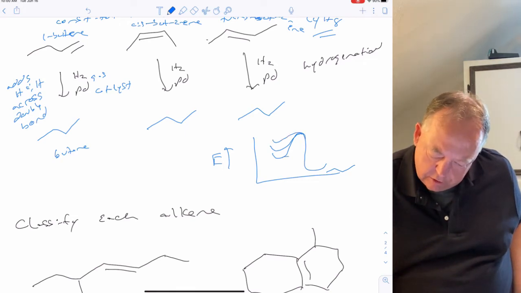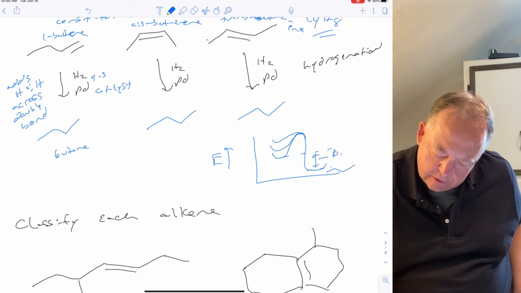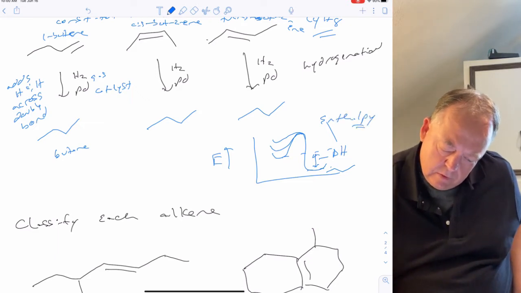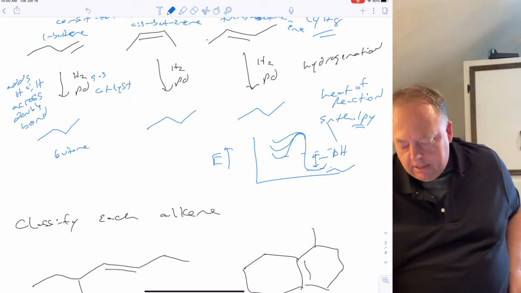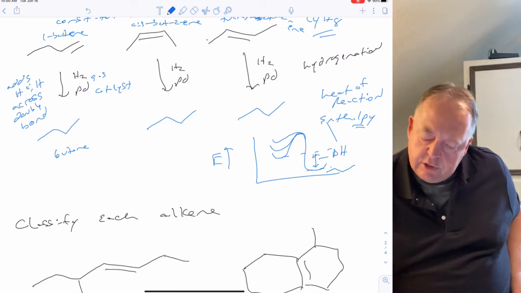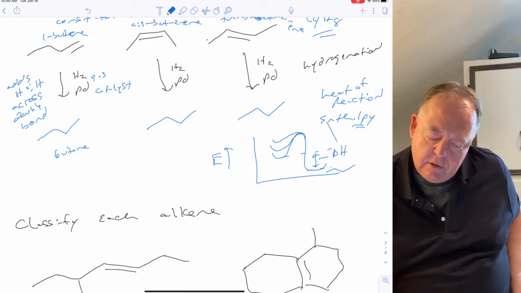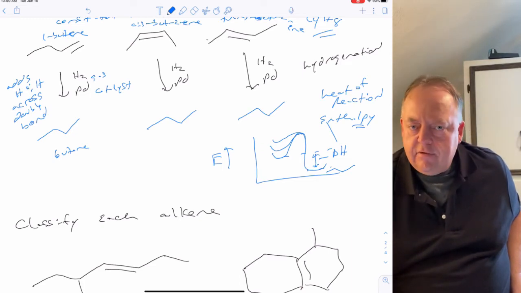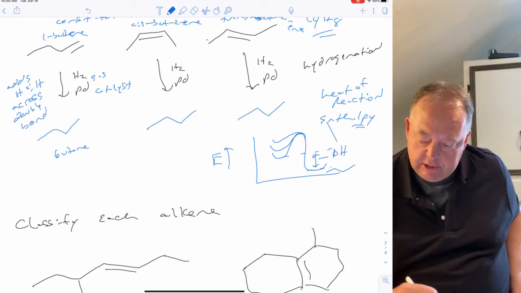And so what you can do then is look at the energy of this reaction, or the heat. If you remember what delta H is, the enthalpy. Look at the heat change in the reaction, and since they all end at the same spot but don't start at the same spot, they'll give off different heats of reaction when you do this hydrogenation.